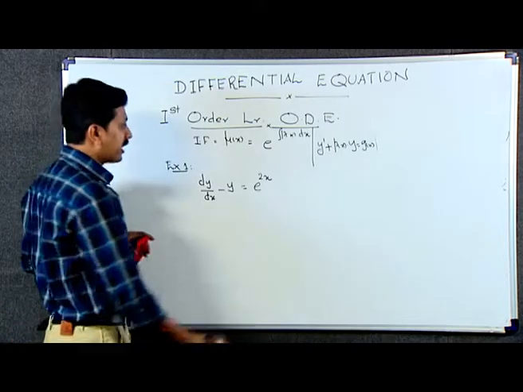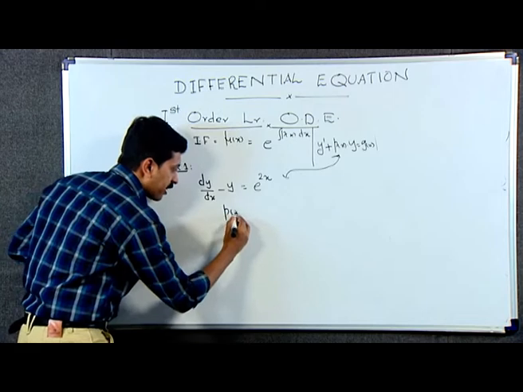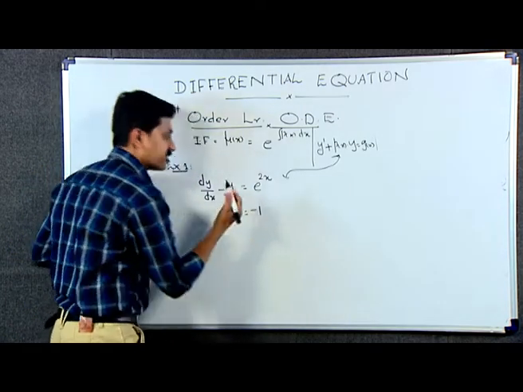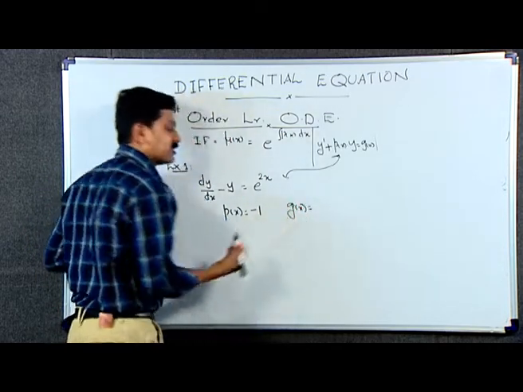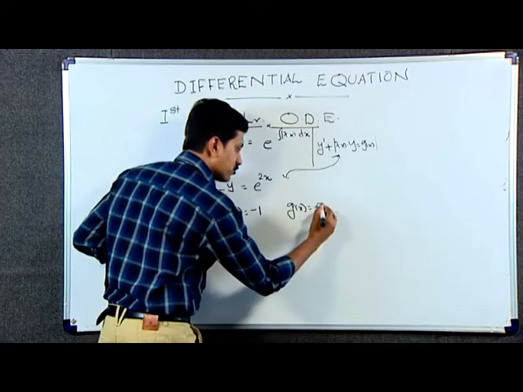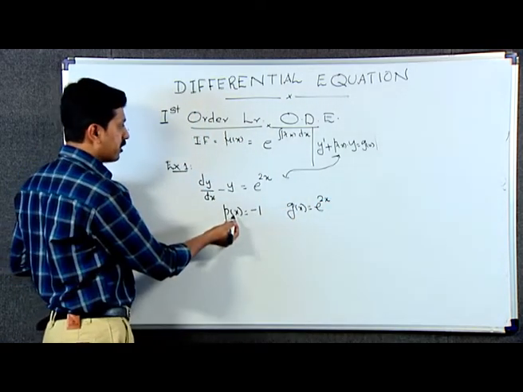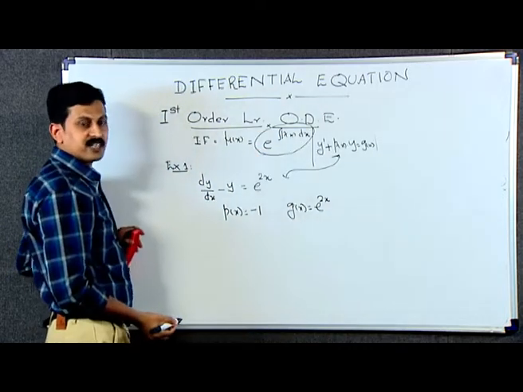By comparing with the general form, we can identify p of x. P of x is equal to minus 1, and g of x is e raised to 2x. From the value of p of x we can find the integrating factor.